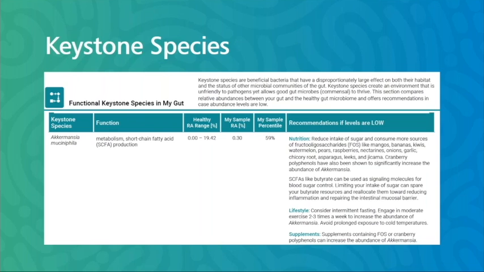And if I'm low, what can I do to eat in a particular way that can improve that? What type of lifestyle modifications can I make? Are there certain supplements I need to take to help boost the presence of Akkermansia in my gut microbiome? So this is also a very helpful portion of the report.